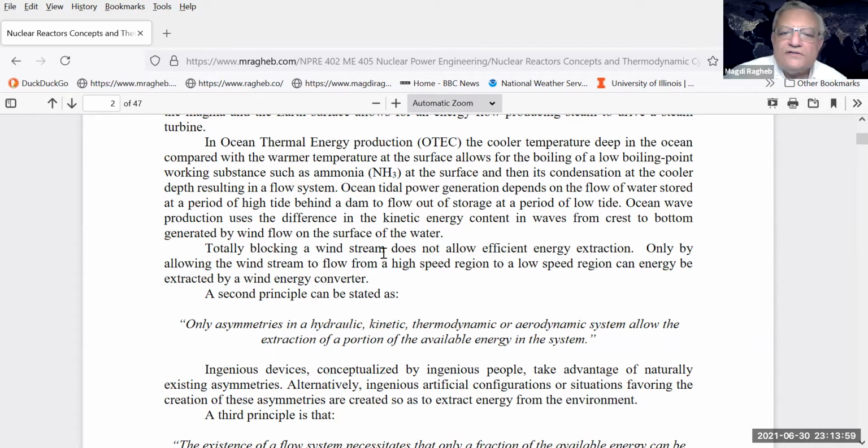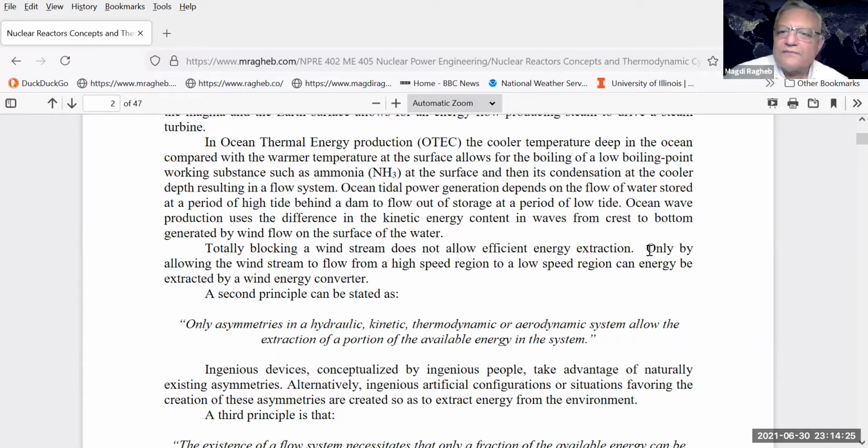Totally blocking a wind stream, like if you build a wind turbine with a very large number of rotor blades, would not allow you to extract energy from the wind. You must allow some of the wind to flow in between the rotor blades. Hence, you see wind turbines having 3 large rotor blades. If you put in a large number, it is not even optimal.